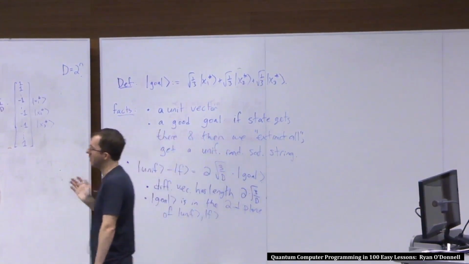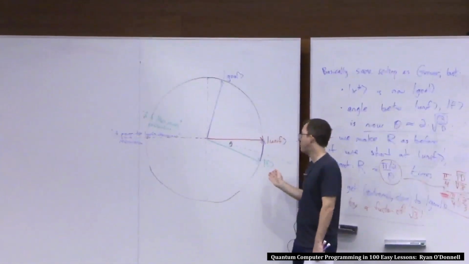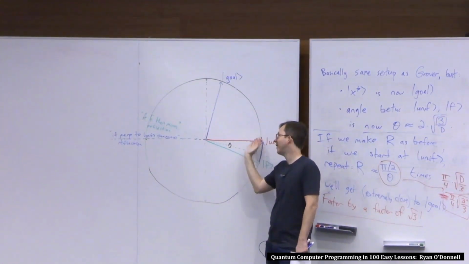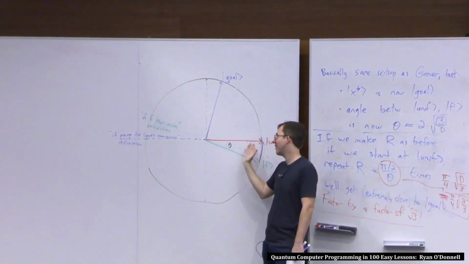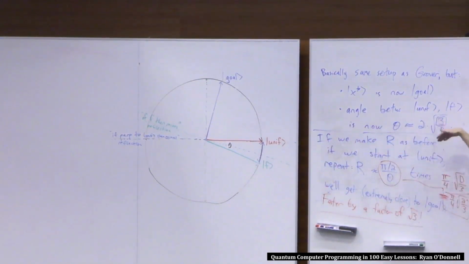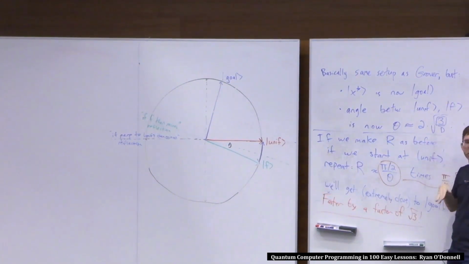All these are exactly the kinds of things we're going to do. Another feature is that, well, you can think about what to do, but maybe you'll first try to imagine theta is big, and you'll do a few rotations and see if that works, and then do a few more, and a few more. There's one extra feature of this problem, which is that the number of satisfying strings is either at least 1 or it's 0.